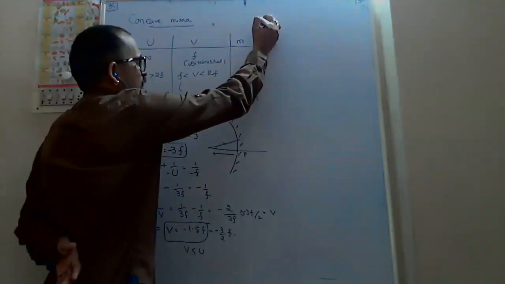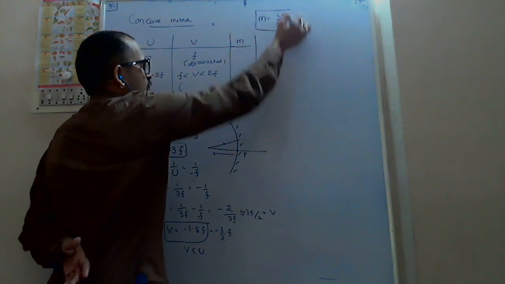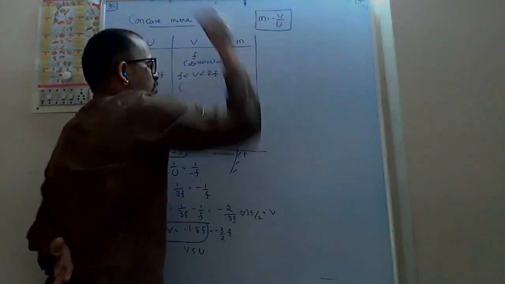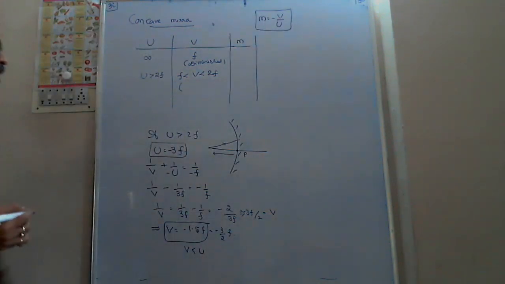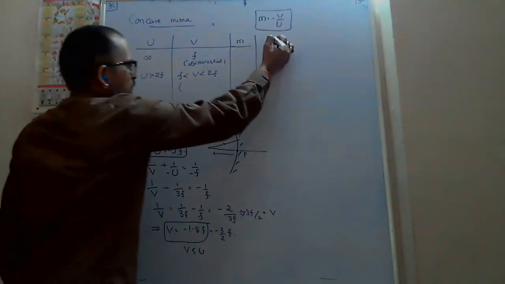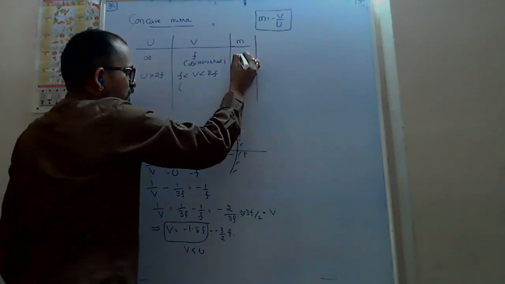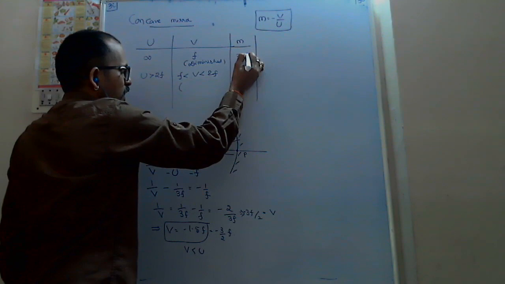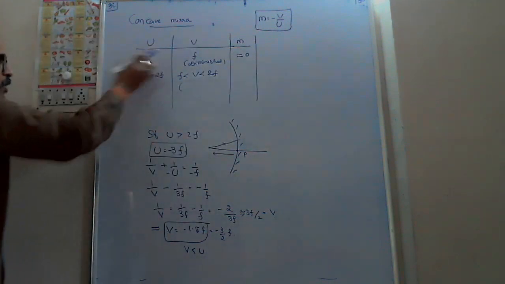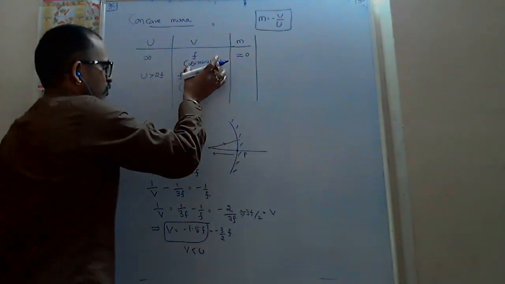The formula is m equals minus v by u. Earlier u was infinity, so the magnification was approximately 0, depending on the value of u. That's why you said diminished.